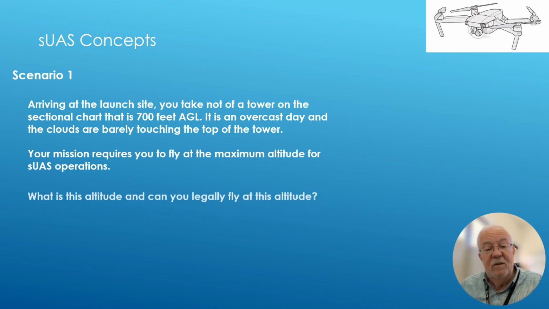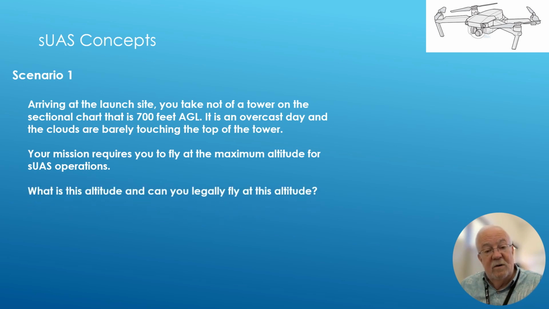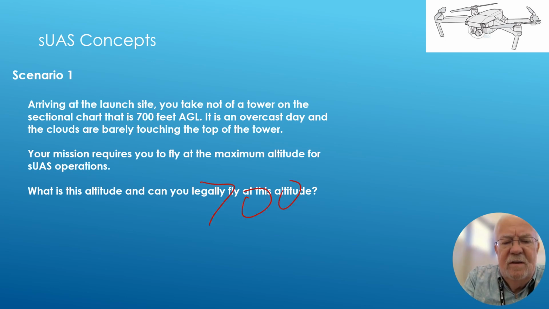Okay, well, in this case, the clouds are at 700 feet, which is the top of the tower. We know the tower is 700 feet. We can only fly 500 feet below that. So 700 minus 500 is 200 feet. Does that make sense? I want to make sure it makes sense to you guys. 700 feet minus 500 feet below.